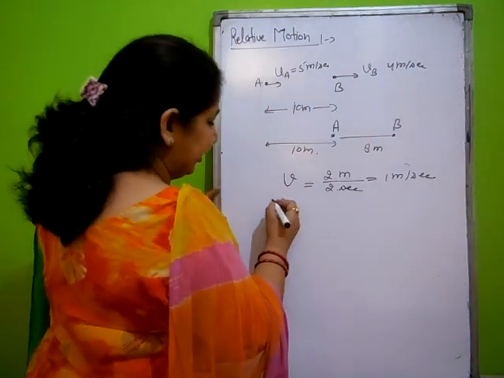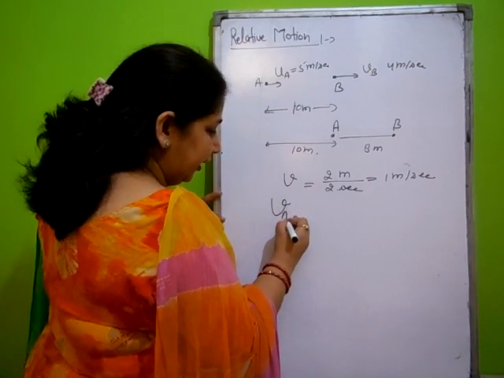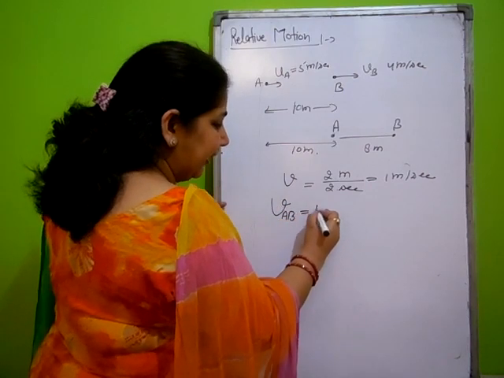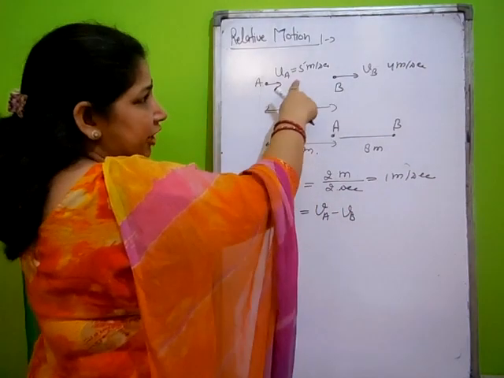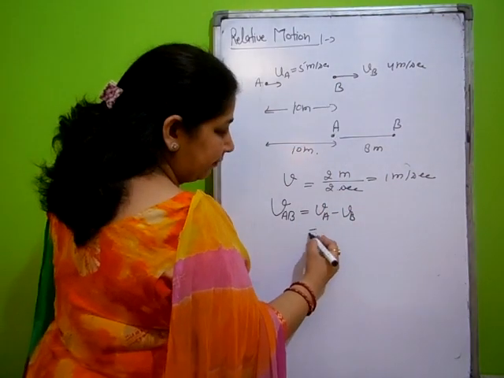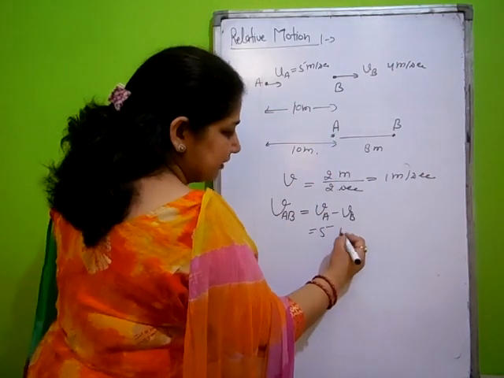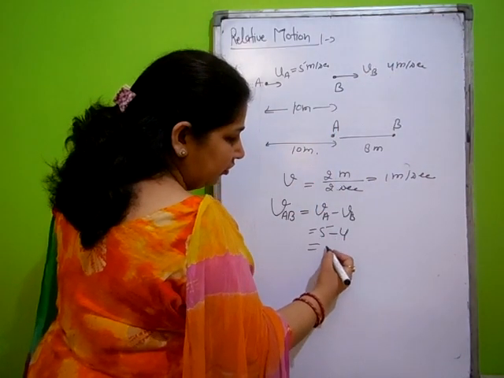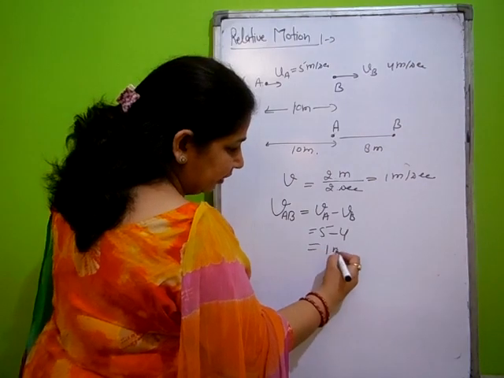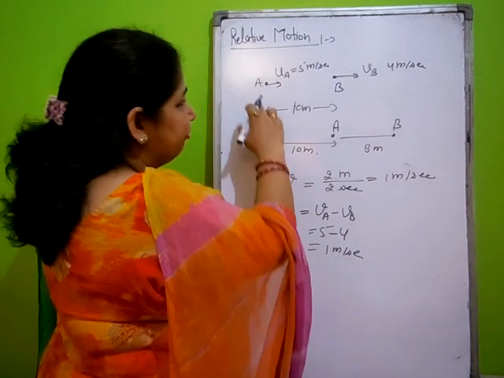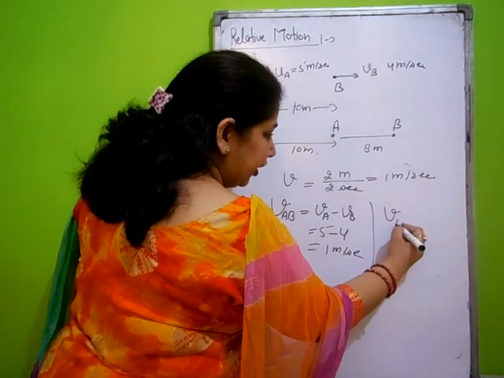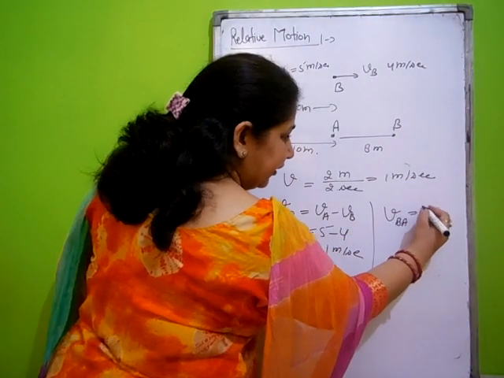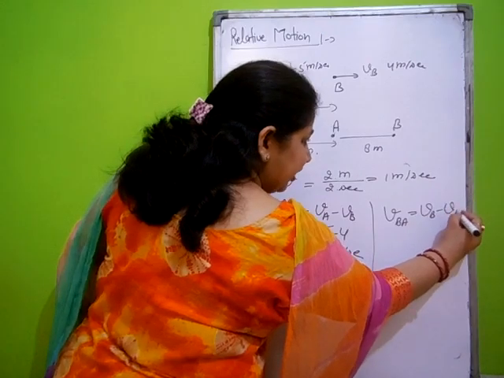We can find the relative velocity of A with respect to B as VA minus VB. See here, 5 meter per second minus 4 meter per second, then we have 1 meter per second. Means the velocity of A with respect to B is 1 meter per second. The velocity of B with respect to A will be VB minus VA.